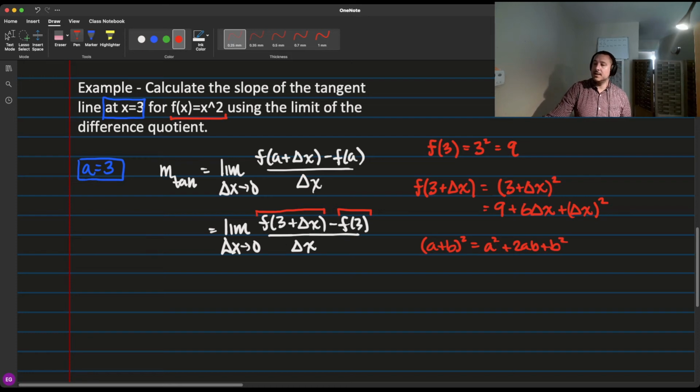So your a in this case is 3, your b is delta x, so you get 2 times 3, which would be 6.